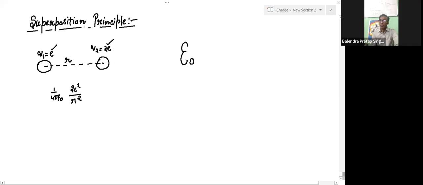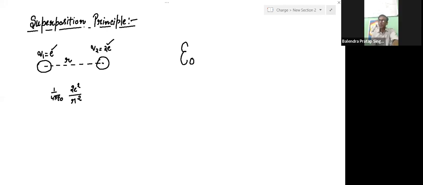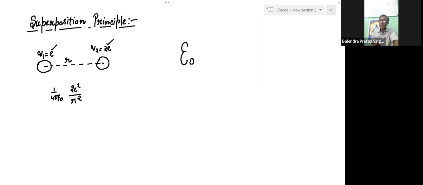Epsilon naught is the name of the symbol, but what does it represent in electrostatics? Free space. Free space, but what about free space? There is one more thing you have to tell. It is the permittivity. Exactly, it's the permittivity of free space.